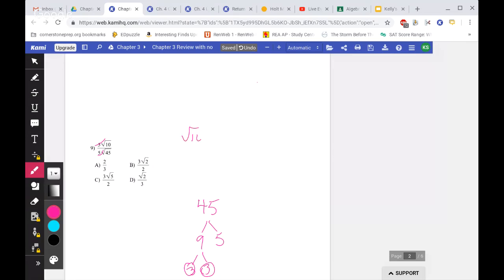So I have the square root of 10 over 3, and then this is left, so that's square root of 5. So now I have to rationalize the denominator by multiplying by that root 5 on the top and the root 5 on the bottom.